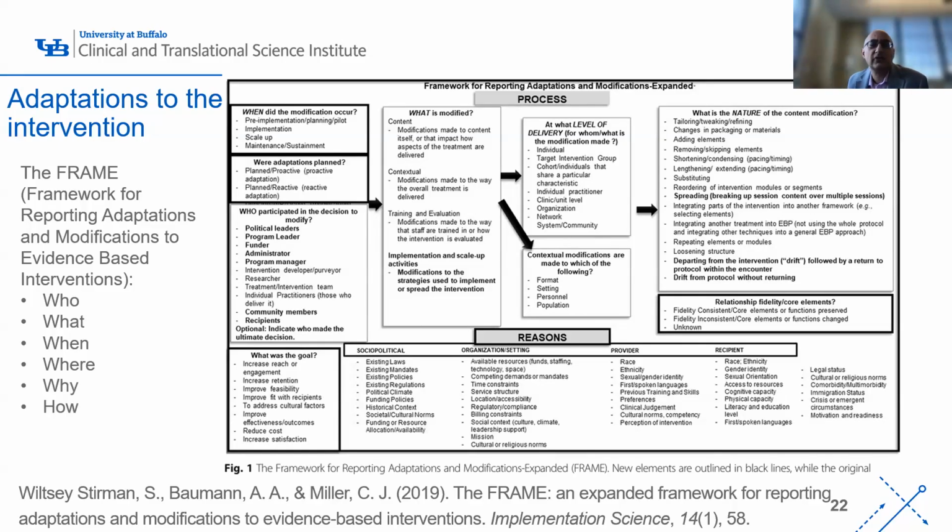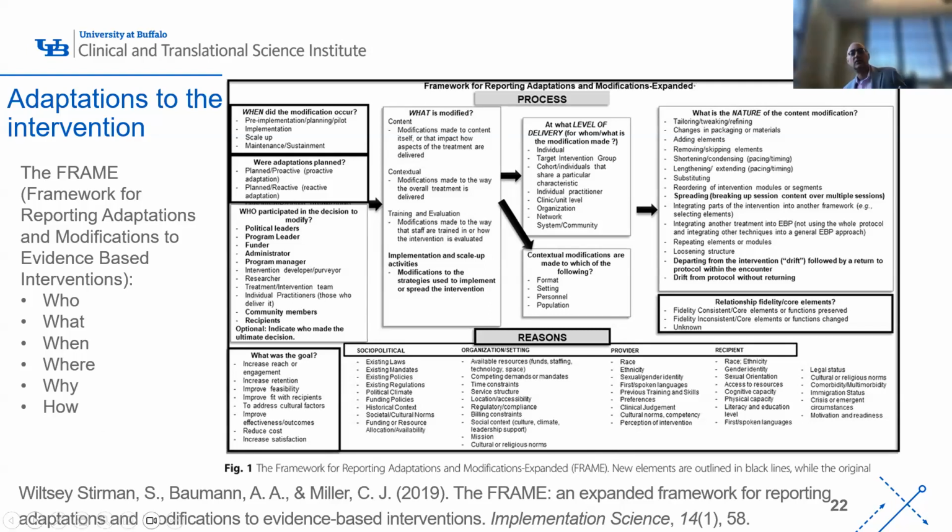If you can't see the details here, you can look at it afterwards when you get these slides. There's basically almost like a checklist or a series of questions to pose and, most importantly, to think through and document all of these different factors that might have gone into the adaptation.